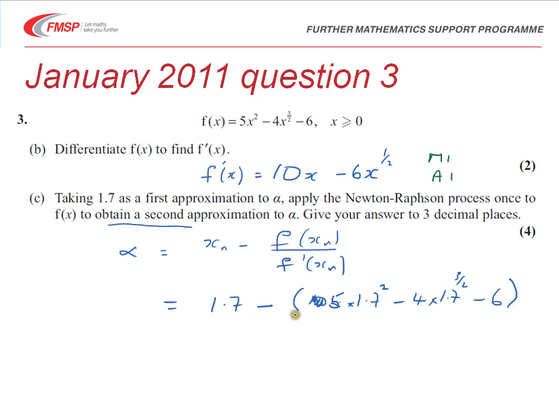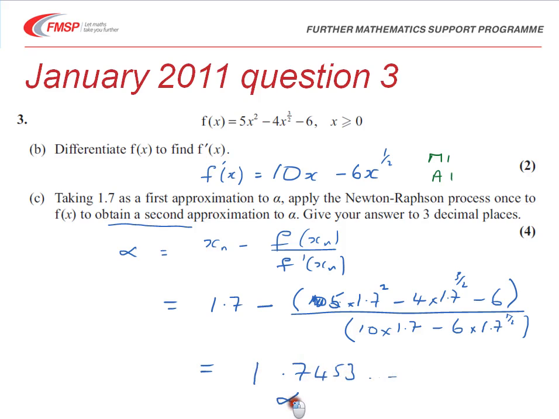Put a bracket round that just to remind yourself when you're using a calculator, and also around the bottom line here, 10 multiplied by 1.7 minus 6 multiplied by 1.7 to the power half, or square root, depending how you're using a calculator. It is then very much calculator work, and this turns out to be 1.7453. So alpha is 1.745 to 3 decimal places.